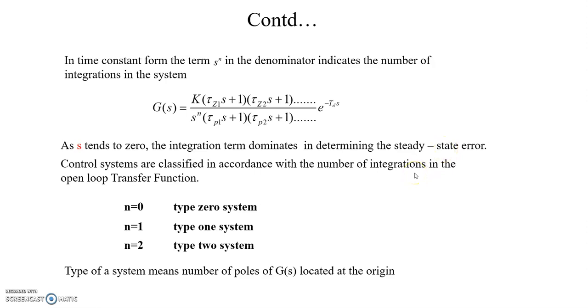So next, in time constant form, the term s power n in the denominator indicates the number of integrations in the system.